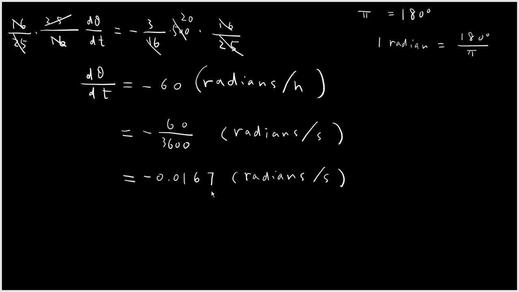By that we mean, this is the unit of this one as in radians per second. In order to convert this number to how many degrees per second, all we need is to multiply this number by 180 over pi. We multiply this number by negative 0.0167 times 180 over pi.